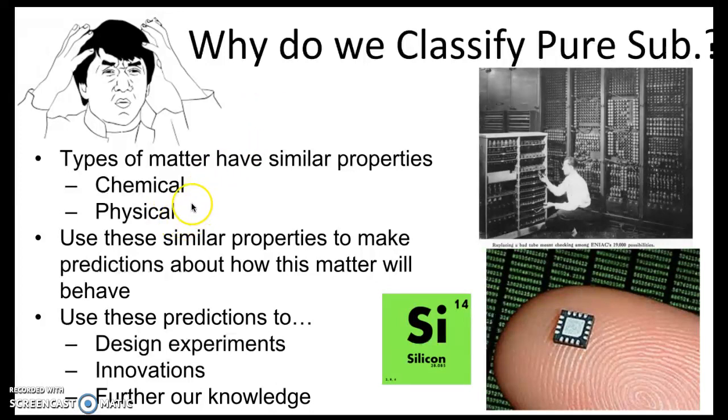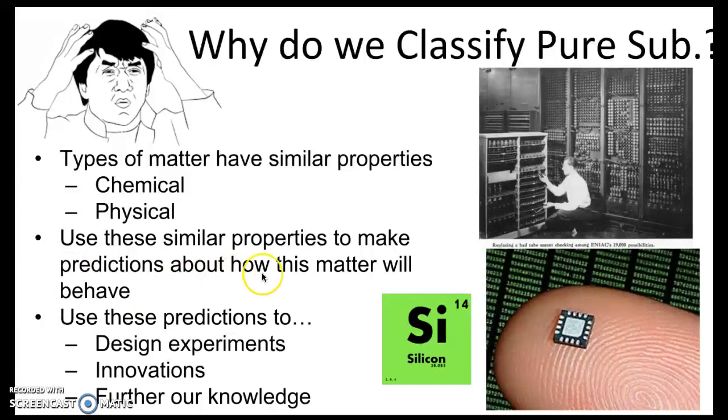Metals, for example, have similar physical properties. Metals are shiny, they're malleable, they're ductile, most of them are solid. So those are some physical properties that are the same. When you think of a metal, you think of something that's solid and shiny and you can bend it. And that can help you to determine whether you want to use a metal for something or a non-metal.